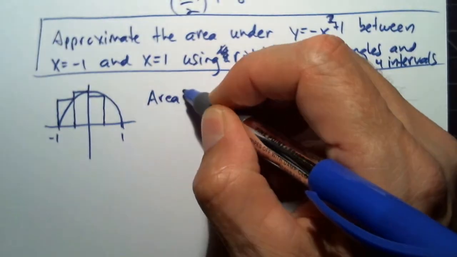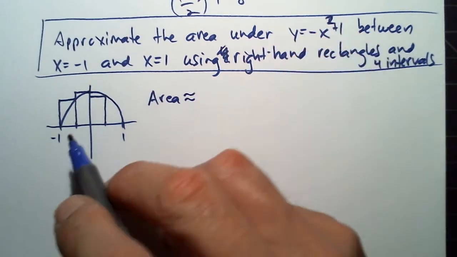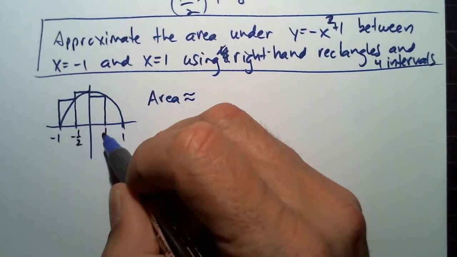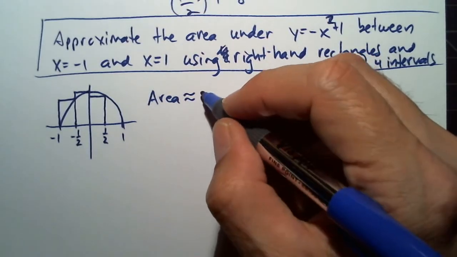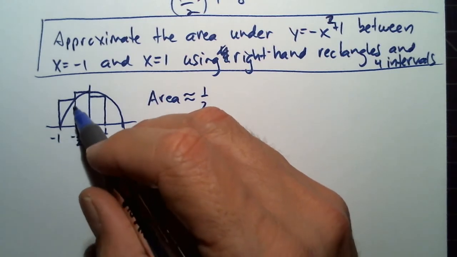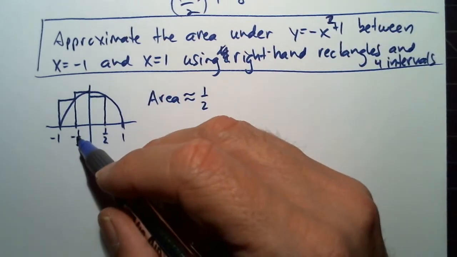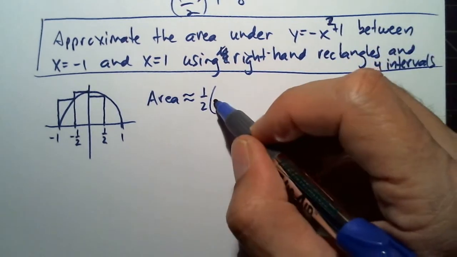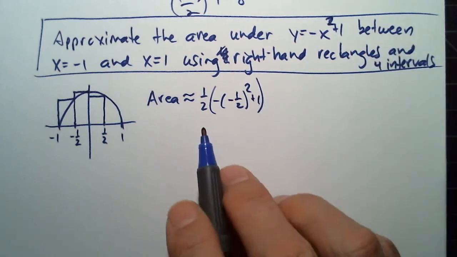So we can say that the area is approximately the area of this, which is, here we have -1/2, and we're going to go base times height. The base of this rectangle is 1/2. The height is the y value at -1/2. So we're going to use 1/2 times (-1/2 squared plus 1).